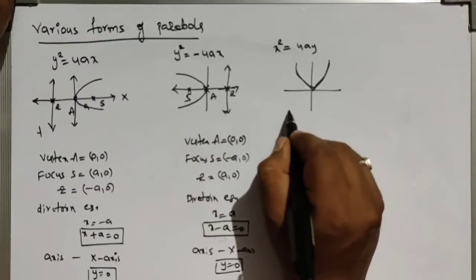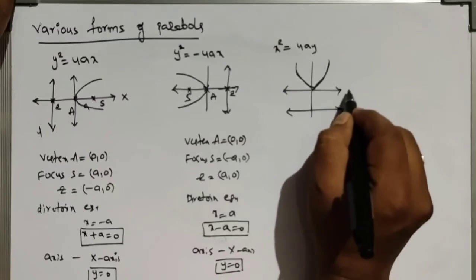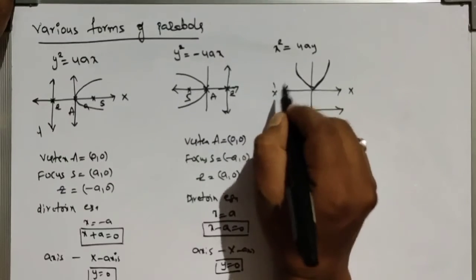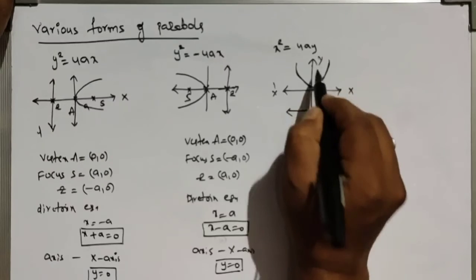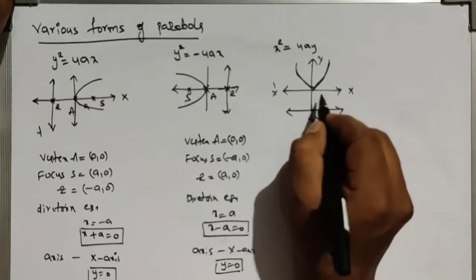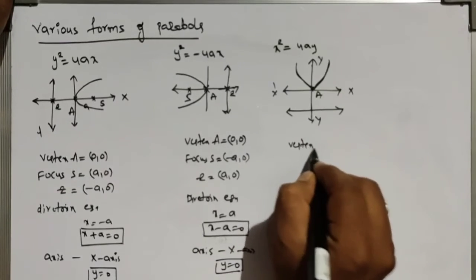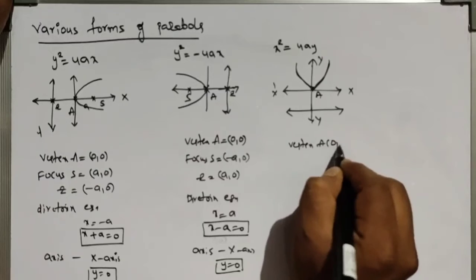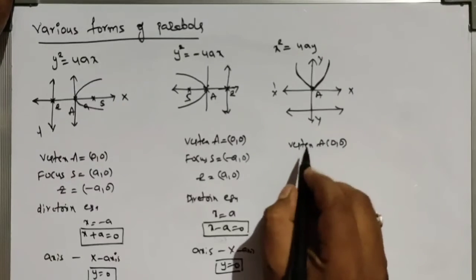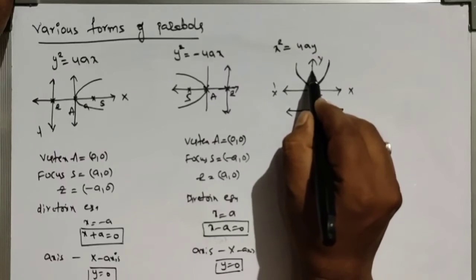And this becomes the directrix, so let's take this as the x-axis x dash, this is the y-axis y dash. In this case the vertex A is nothing but origin, (0, 0), and this is the focus S.